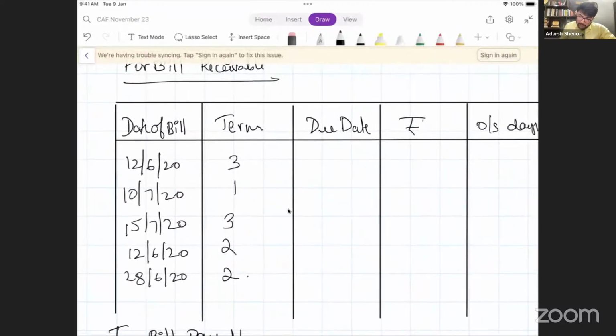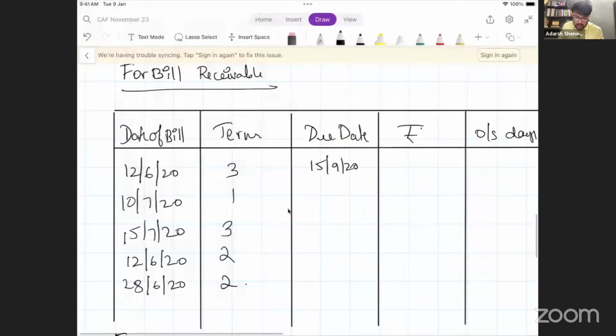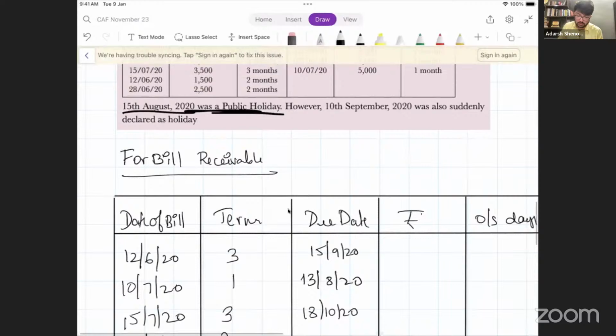Okay, 12/6/20 plus 3 months is 12/9/20, plus 3 days is 15/9/20. 10/7/20 plus 1 month is 10/8/20, plus 3 days is 13/8/20. 15/7 plus 3 months is 15/10, plus 3 days is 18/10. 12/6 plus 2 months is 12/8, plus 3 days is 15/8, and 15/8 is a public holiday, right?